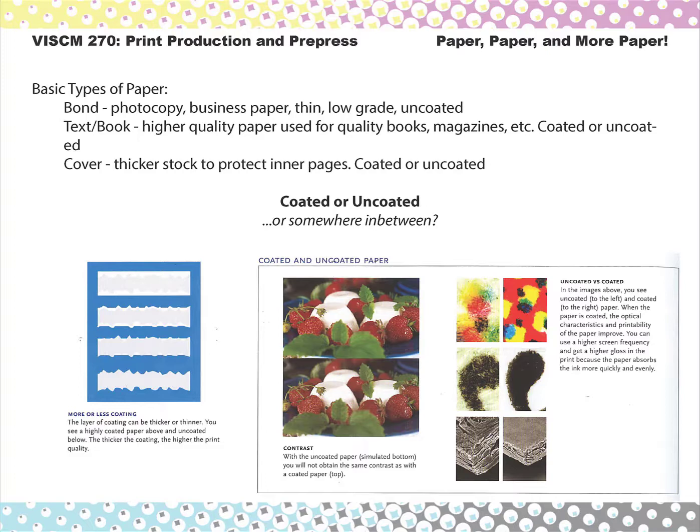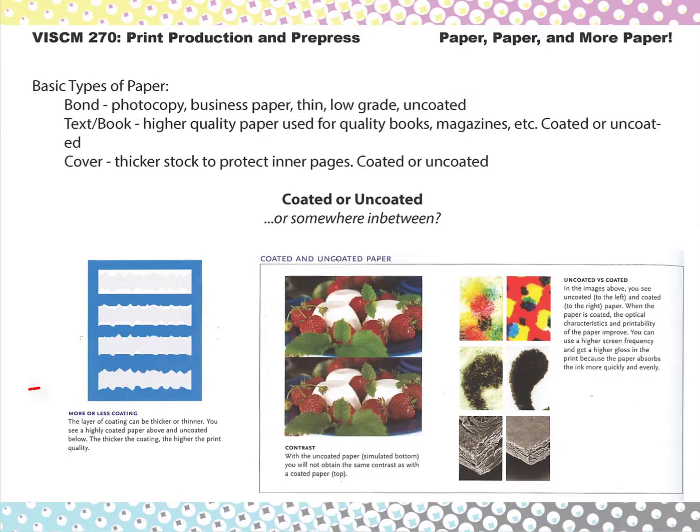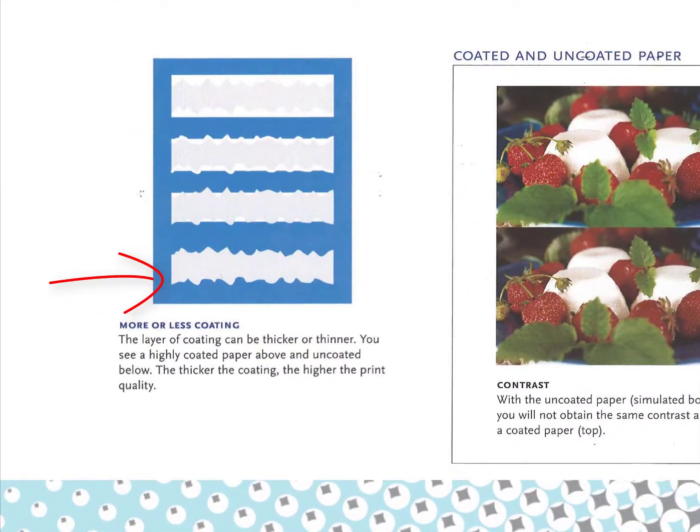Coated versus uncoated. As I mentioned in the paper making process, the paper gets coatings applied to it. If you look at this graphic over to the left, the blue square at the bottom is a cross section of paper that's uncoated, and you can see the rough paper fibers. It's just a simulated diagram, but as you apply coatings, the coating fills in the little valleys and it becomes smoother and smoother as you apply more coating.